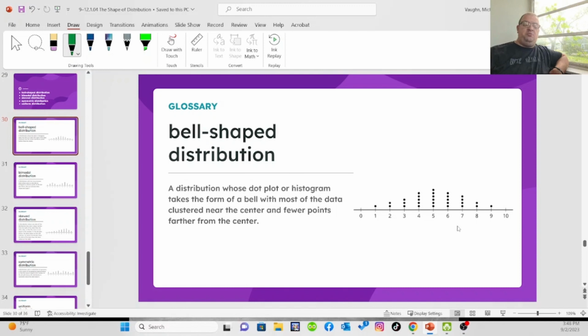It is a distribution whose dot plot or histogram takes the form of a bell with most of the data clustered near the center and fewer points farther from the center. So if you look, it goes up and then it comes back down and it gives that bell distribution.